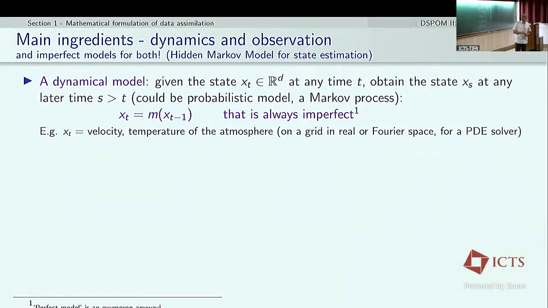For example, the most common model is a Markov process, in the sense that it does not depend on the past given the present. That's why I've written x_t as a function of x_{t-1}. If you want to think of it as a stochastic or Markov process, then think of M as some kind of appropriate stochastic map rather than a deterministic function. So in terms of notation, it's very general.